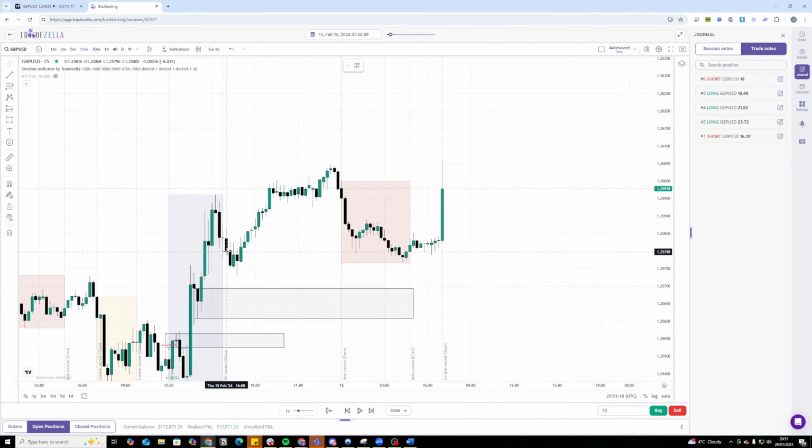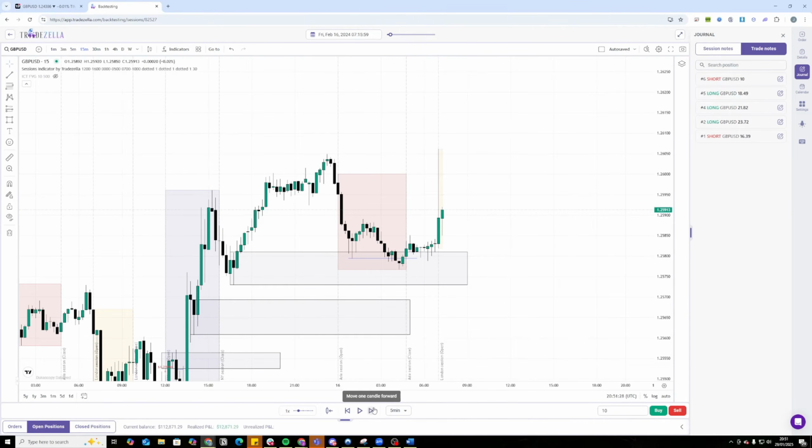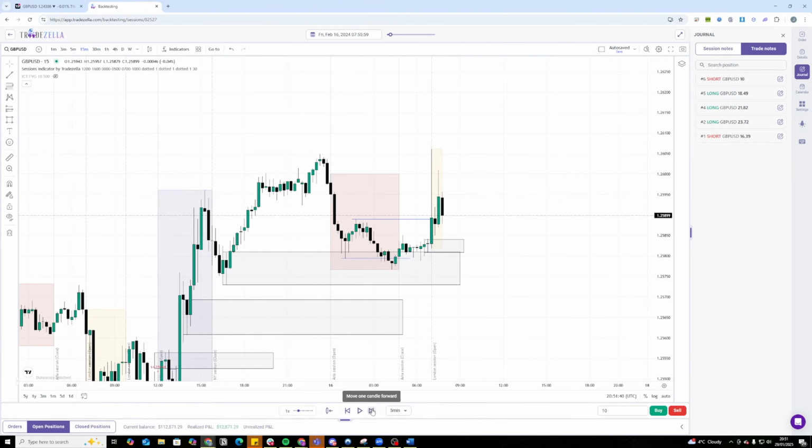All right, so we did actually come back to this area and we rejected from it. So as you can see, we took out the liquidity there and we're pushing away straight away this morning. So let's see, we made a structure change here. If we can get a tap into this area here, I would look to take a buy.